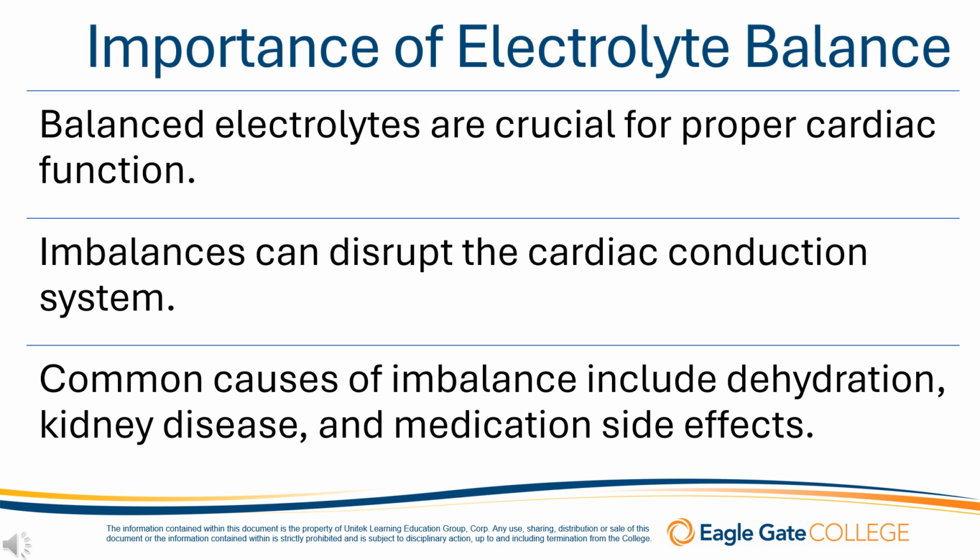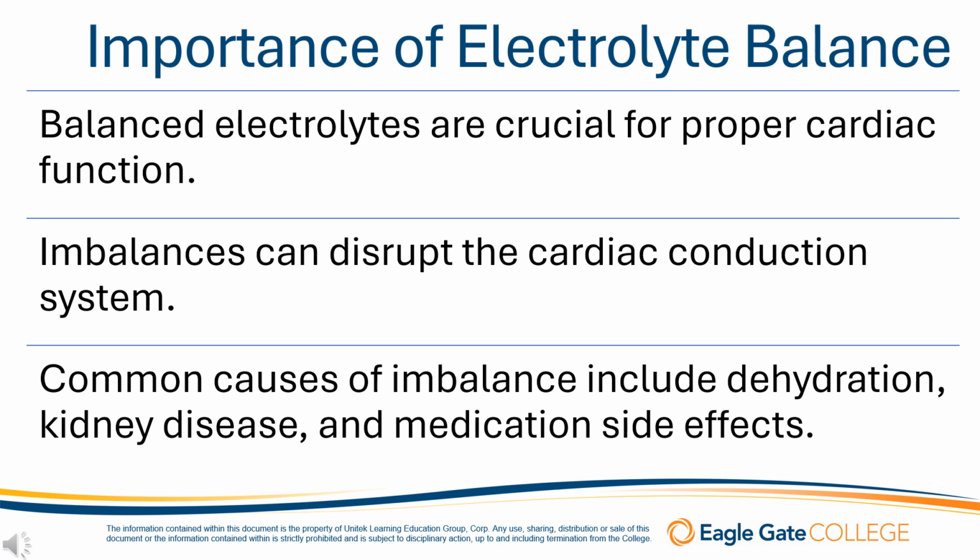Maintaining electrolyte balance is vital in clinical practice, especially for patients with existing cardiac conditions or those at risk of developing arrhythmias. So regular monitoring of electrolyte levels through blood tests is essential. This is particularly important for patients on medications that affect electrolyte balance, those with kidney disease, or those experiencing symptoms of electrolyte imbalances.